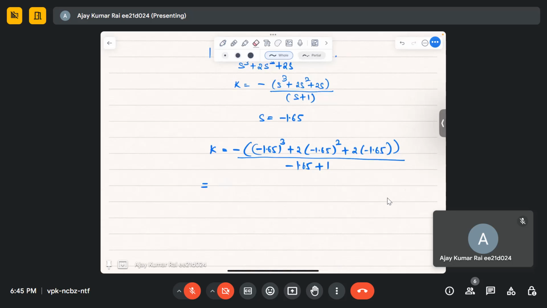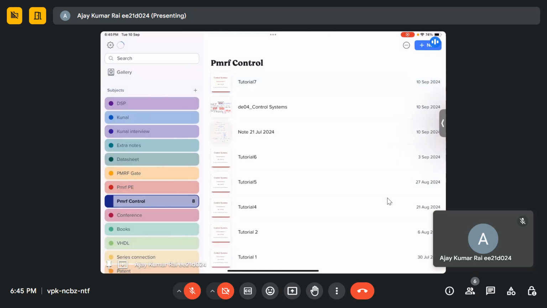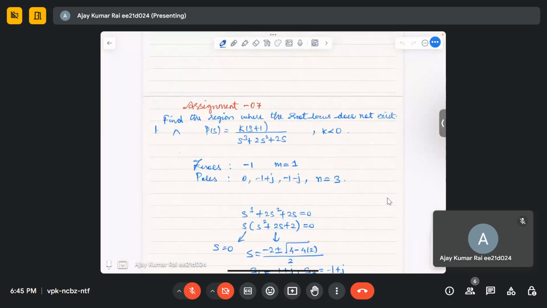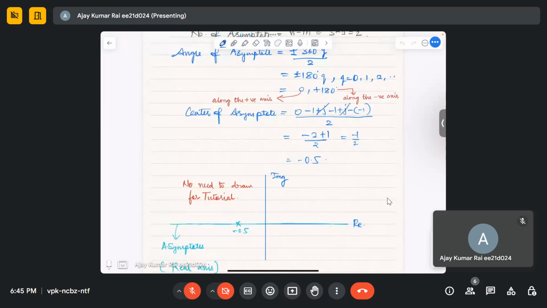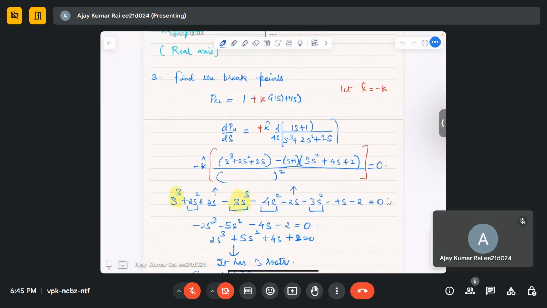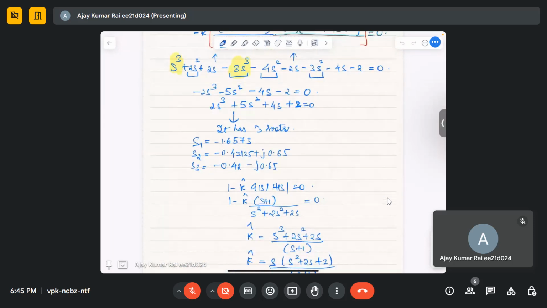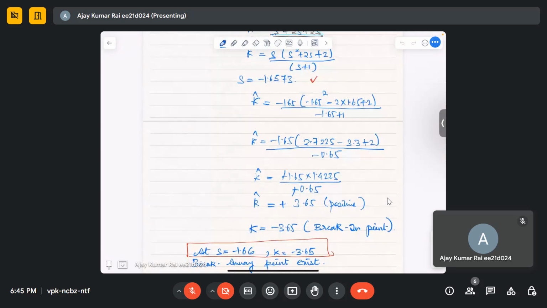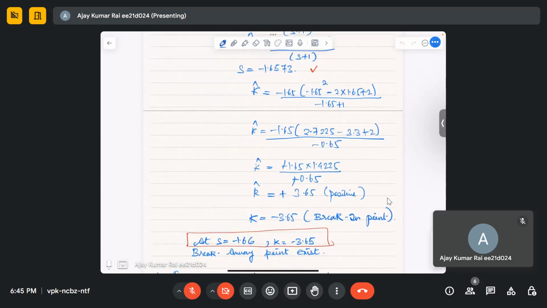Okay. So I have solved this. Okay, so you're getting minus 3.65.